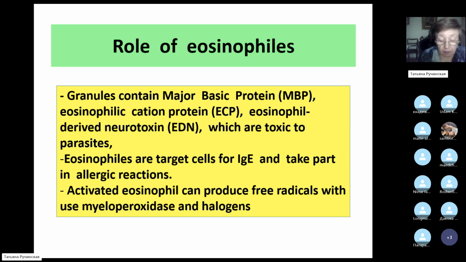This is one example of good mediators. But this is the role of eosinophils.